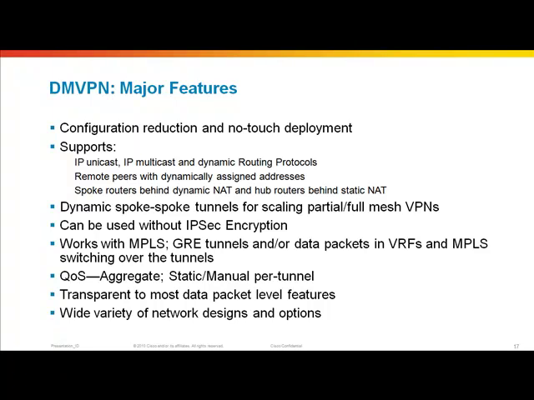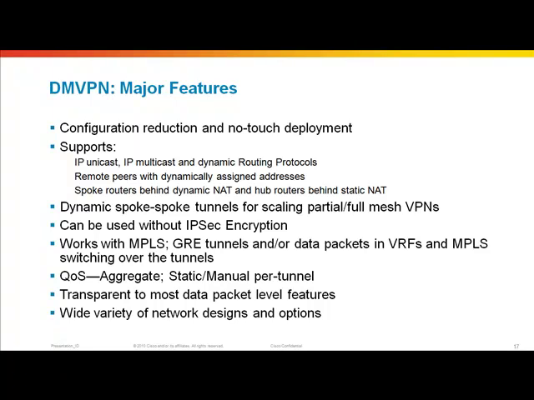With DMVPN, we're able to reduce that configuration load down to like 50 lines on the hub router, because everything is dynamic, everything's done underneath. You still have 300 tunnels, one to each spoke, but you don't have to pre-configure that information.